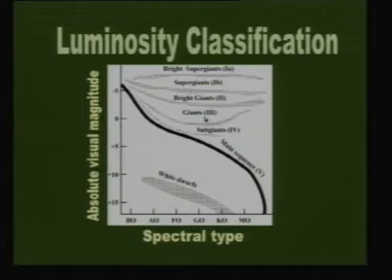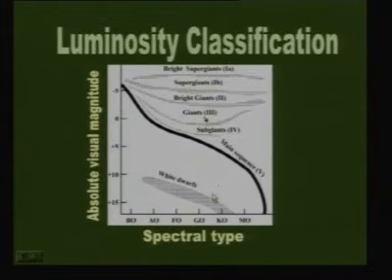Now you see that a star, for example, belonging to class G0 can be a white dwarf if you draw a vertical line. It can be on the main sequence, it can be a giant, it can be a supergiant, and so on. Therefore, the stars which are supergiants are given classification Ia. Supergiants which are slightly less bright are given class supergiant Ib. And similarly, coming down, main sequence stars have been classified as class V. So let us take the Sun as an example.